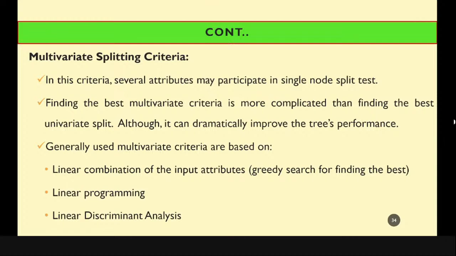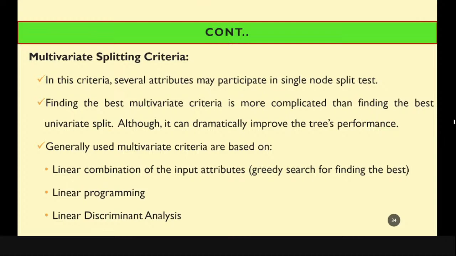Now, finding the best multivariate criteria is more complicated than finding the best univariate split. For doing this, we apply a linear combination of the input attributes, which can be used to find out which combination is the better one.